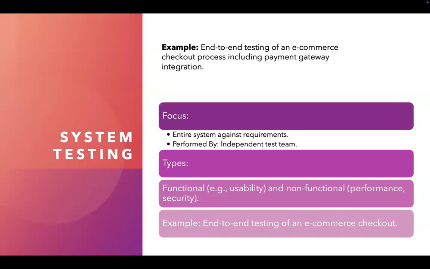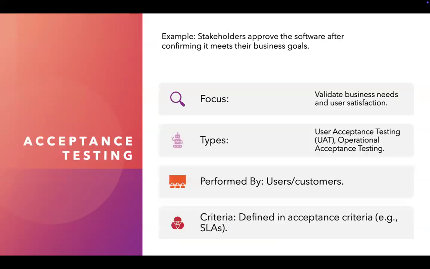A good example would be testing the complete checkout process in an online store. Then comes acceptance testing, where the real user or client checks if the software meets their expectations. If everything works as the client wants, then the software can be approved and released.